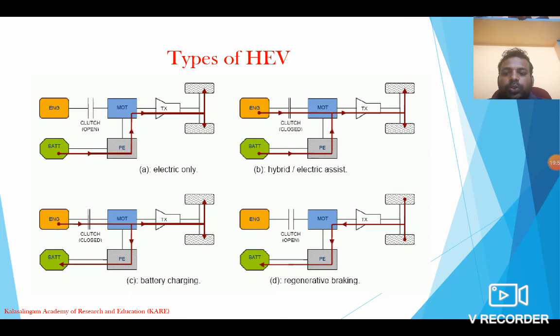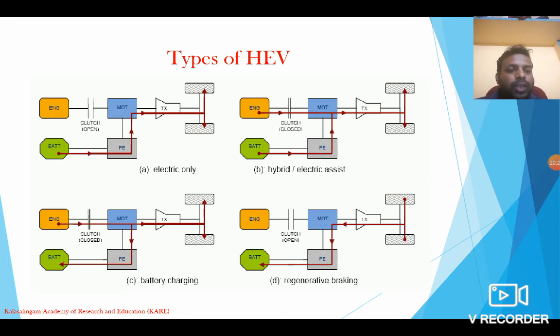In battery charging, as we discussed in the series parallel hybrid vehicle, one portion of the engine power is transferred to the driven wheel to propel the vehicle, and the remaining part of the power is transferred to the generator to recharge the battery. The last one is regenerative braking.